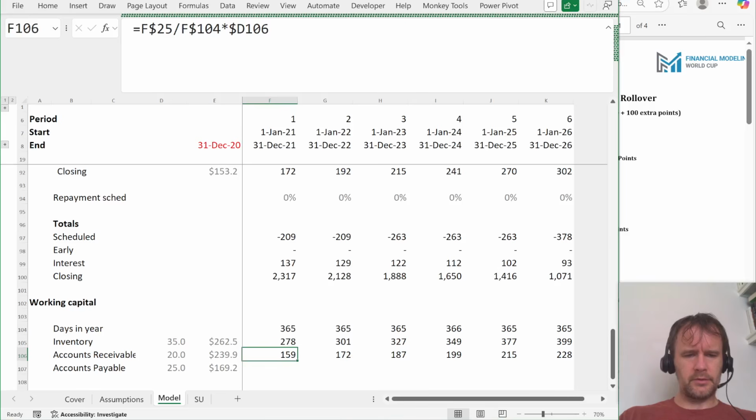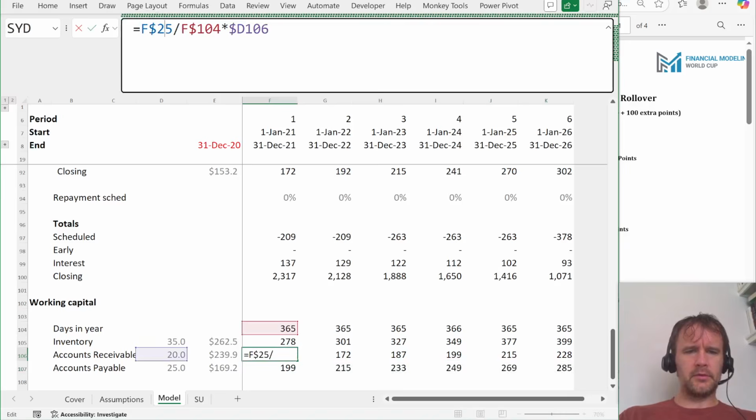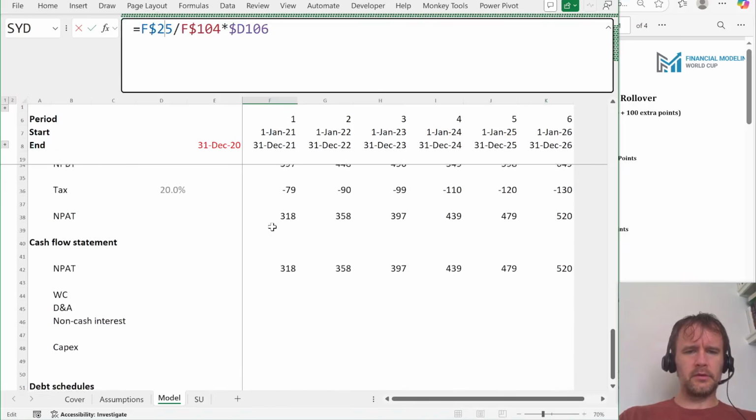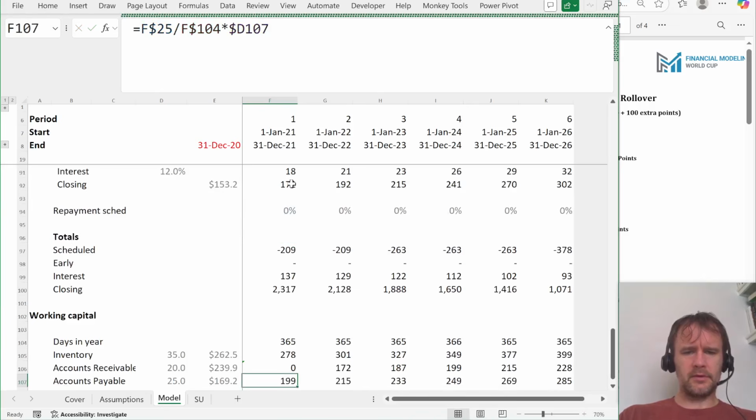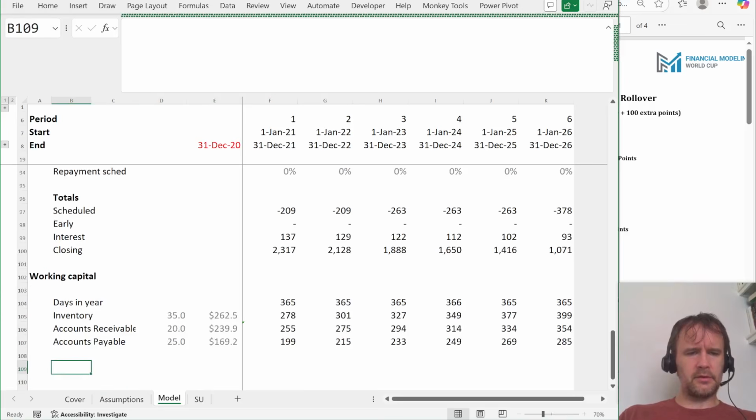That makes me a little nervous. Yeah, sorry, that's because that's your payables. That should be that formula. The receivables should be on sales. Yeah, not that, but the line above, please. Okay, so now they all look relatively continuous. That seems okay.